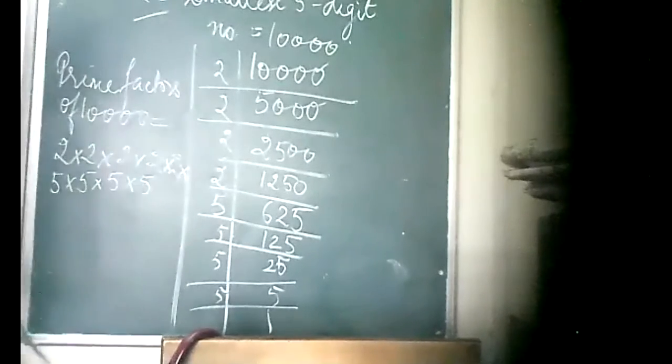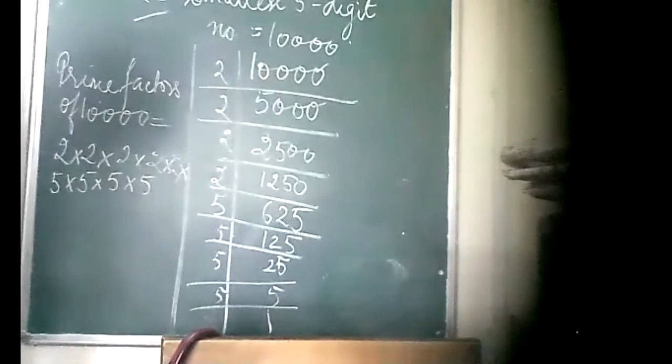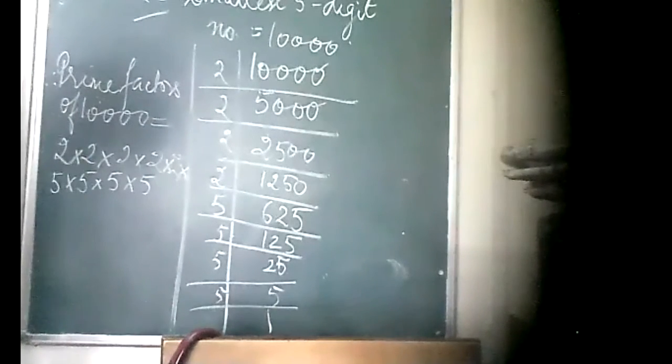So these are the prime factors of 10,000. In this way, you are going to do this question. We have to take out the prime factors of 10,000. Clear?